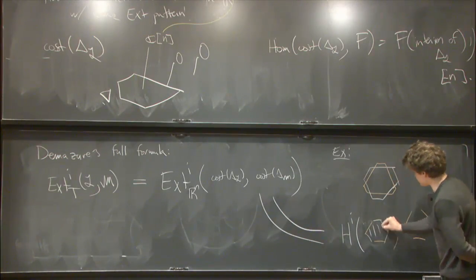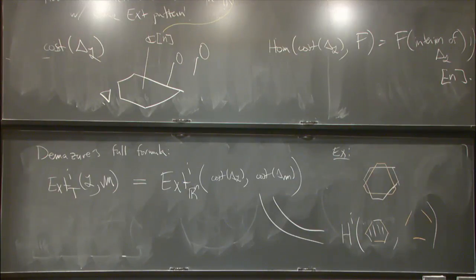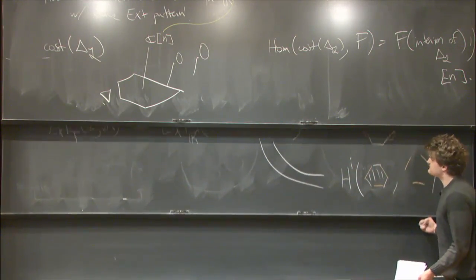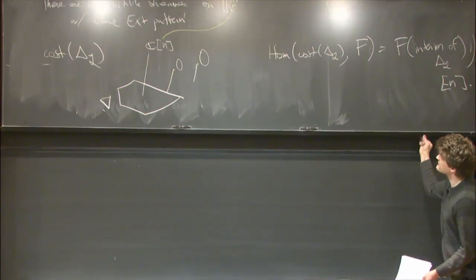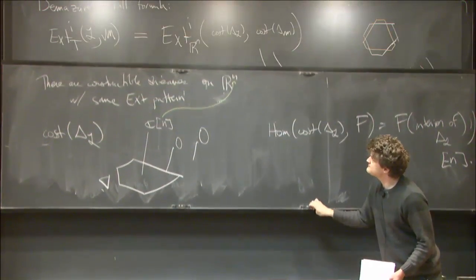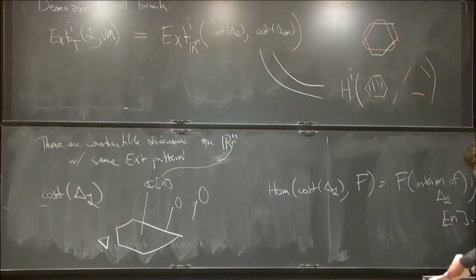So I take the cohomology of this whole polytope, relative to part of the boundary.